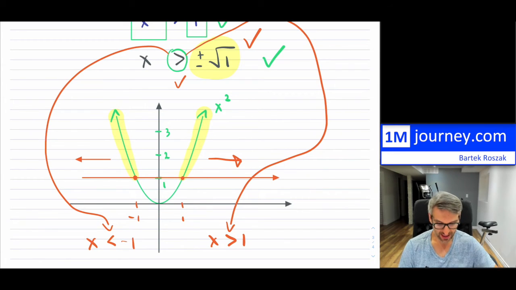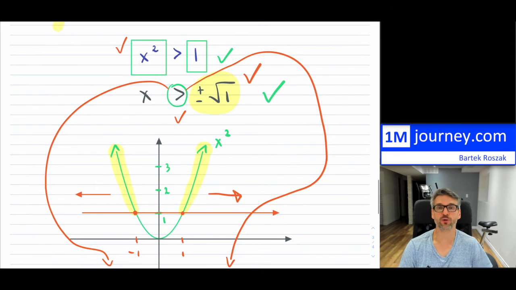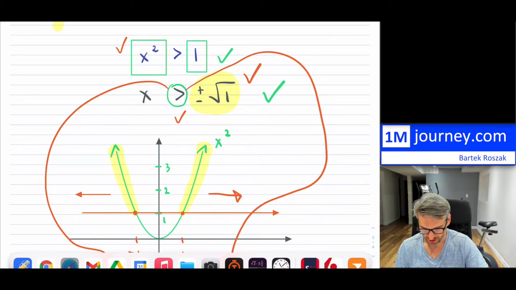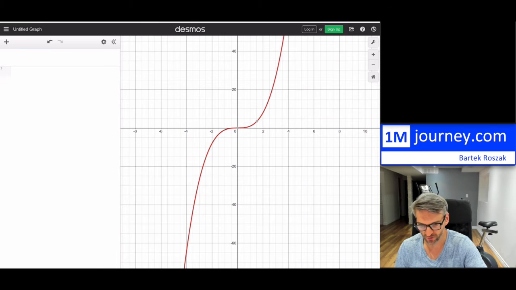So again, whenever you have an inequality and on the left or on the right one thing is a nonlinear expression, which you can think of as a function, try to graph them out and get the intuition behind it and see what is happening. So if I go back in here in Desmos, let me remove these.